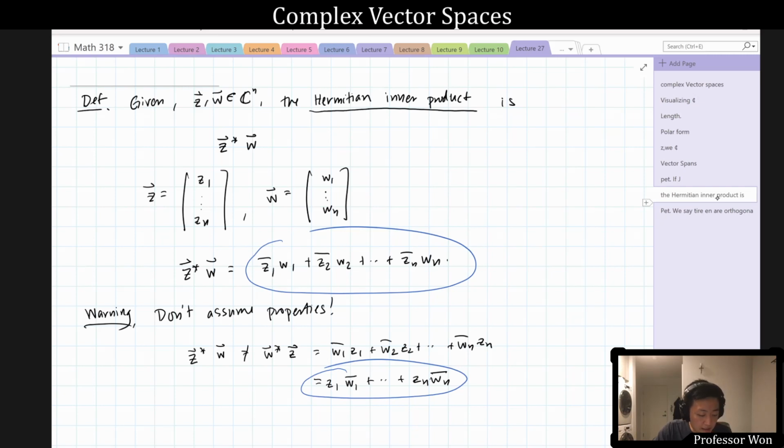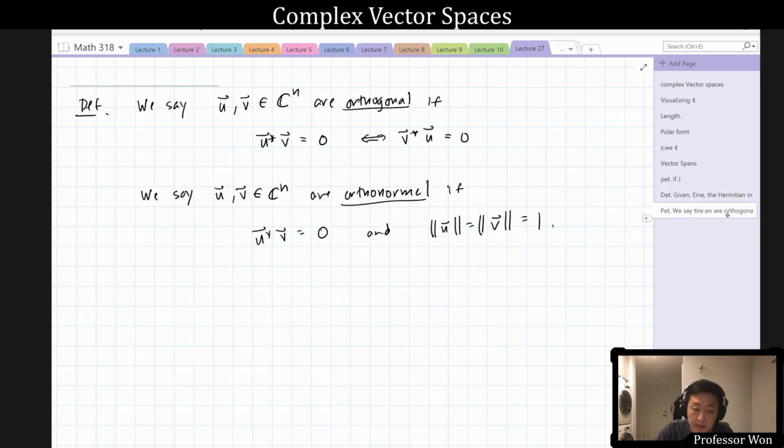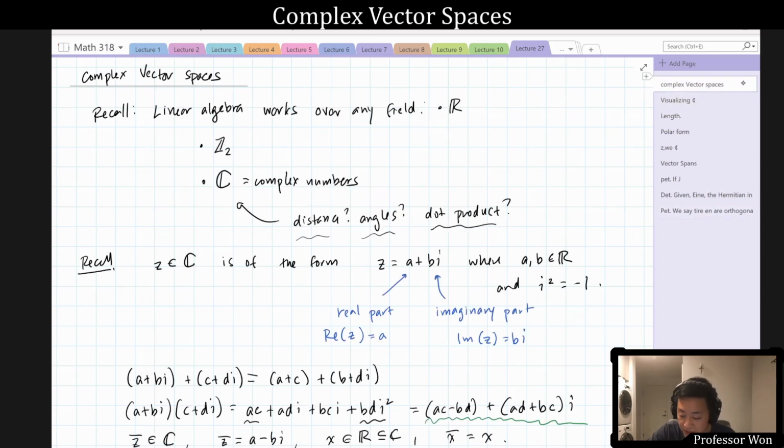I think this is basically the intro, the background stuff for the more interesting complex vector space theorems that we're going to prove next time. So I guess I'll stop here. Really, not so much new today.